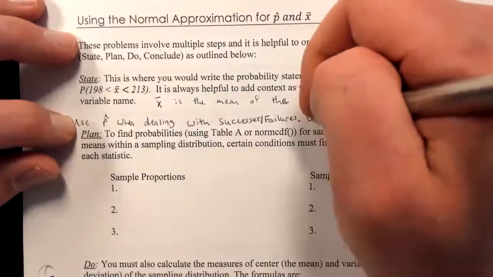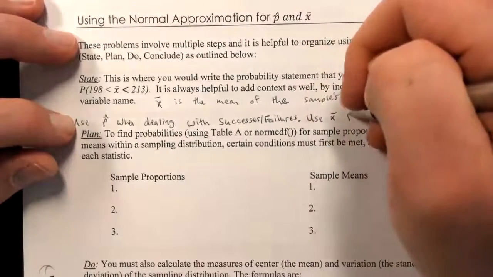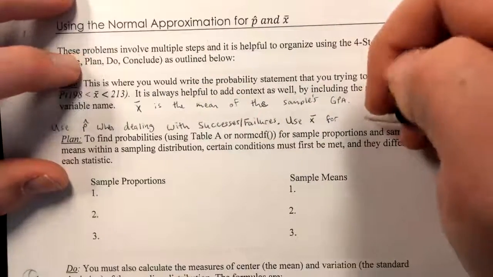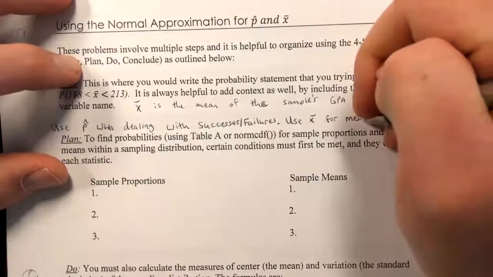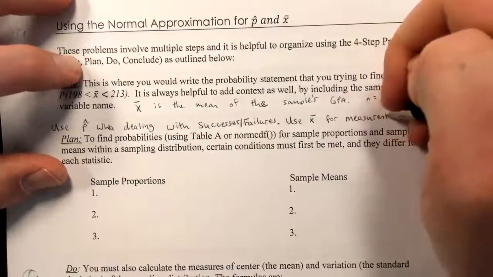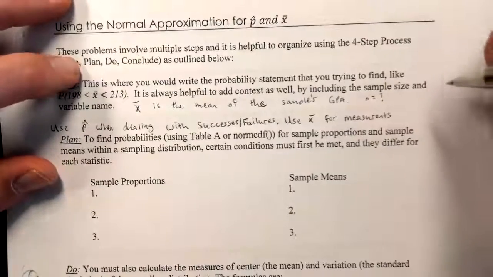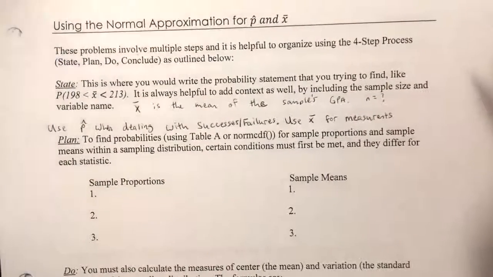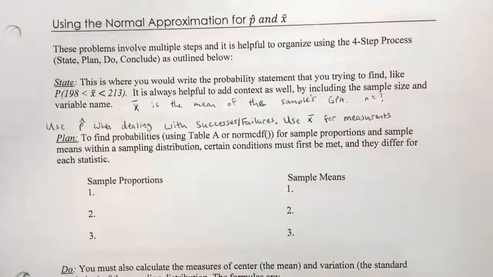Now, you would want to use X bar typically for measurements. For measurements, so things like a car's miles per gallon. You're measuring its fuel efficiency, so you probably want to describe that using a sample mean instead of a proportion.